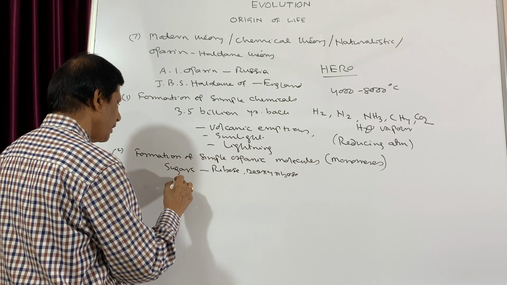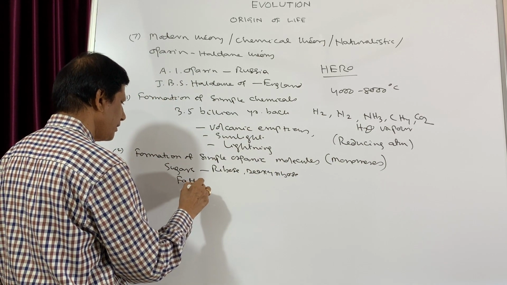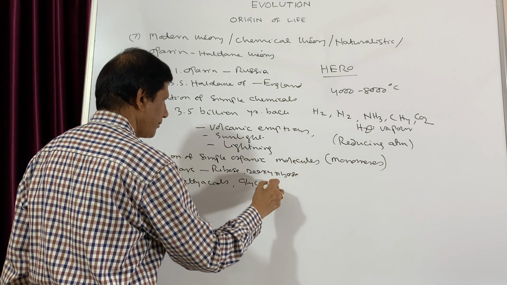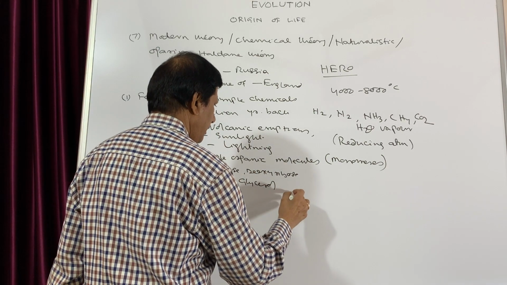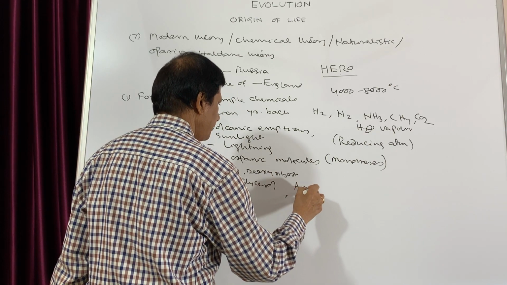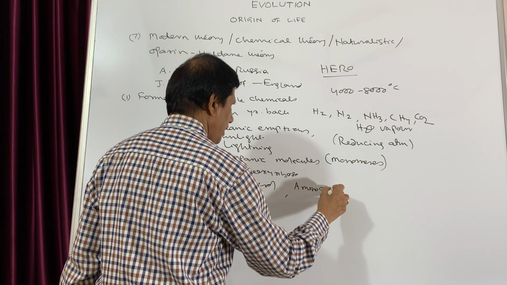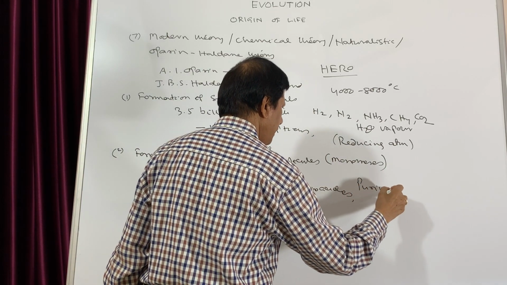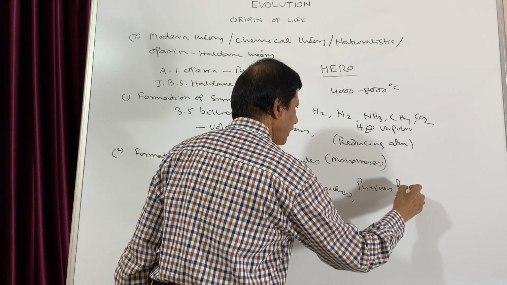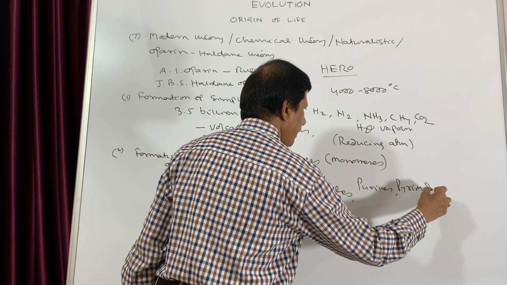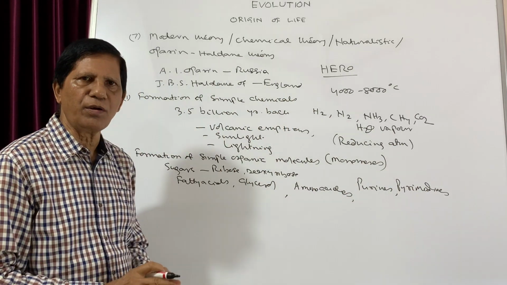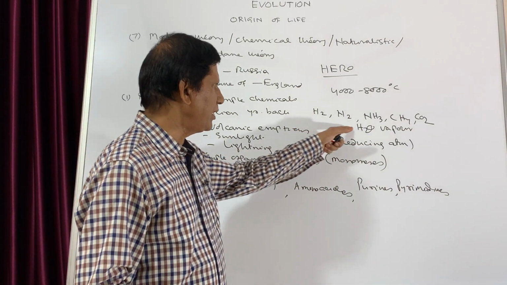Then the fatty acids, glycerol, then the amino acids, purines, pyrimidines. These are all organic compounds, formed in the second step from these inorganic molecules.